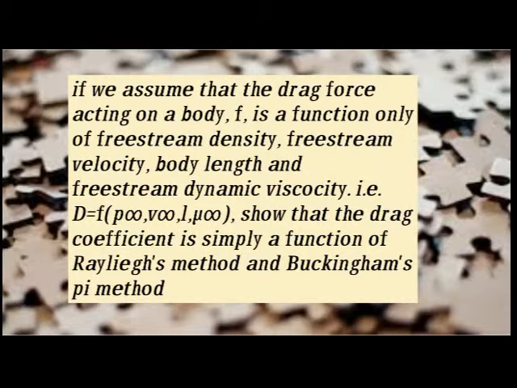For example, D is equal to f of density infinity, velocity infinity, length and viscosity infinity. Show that the drag coefficient is simply a function of these, using the Rayleigh method and Buckingham's pi method. Now I will show you how to do it.